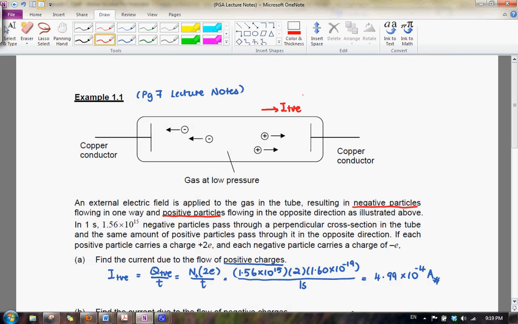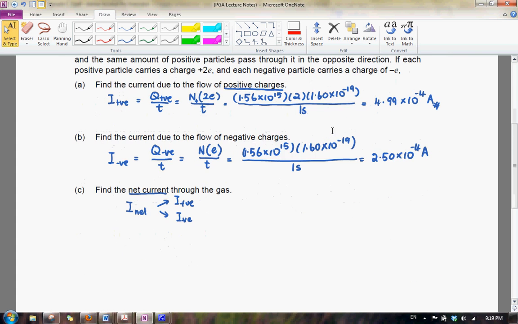Now, for the electrons, or the negative charges, they are flowing to the left. But by convention, the current is actually in the opposite direction to that of the flow of negative charges. So it also contributes a current to the right. So in all, the two currents are pointing in the same direction.